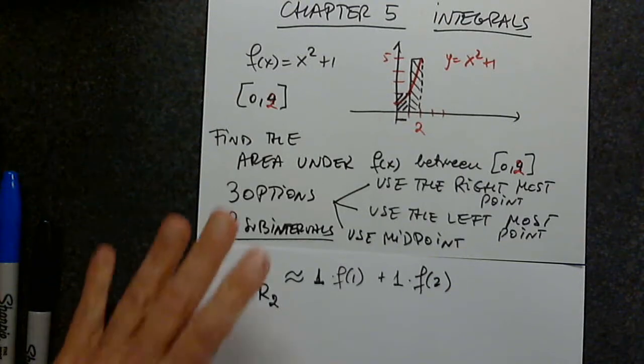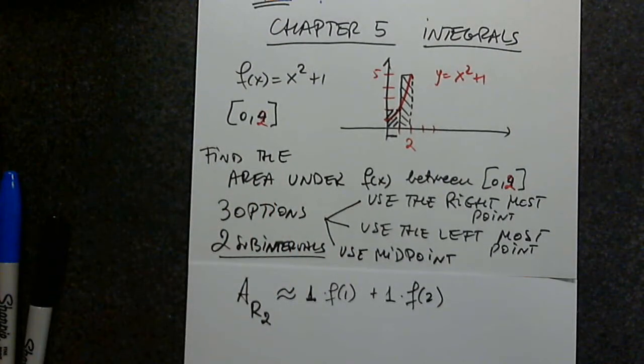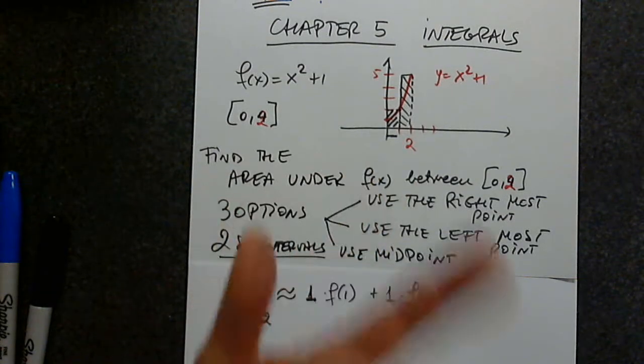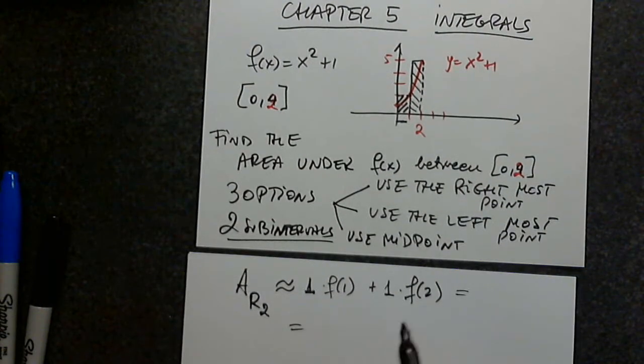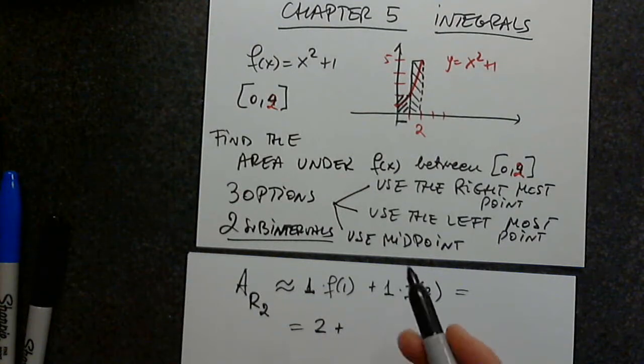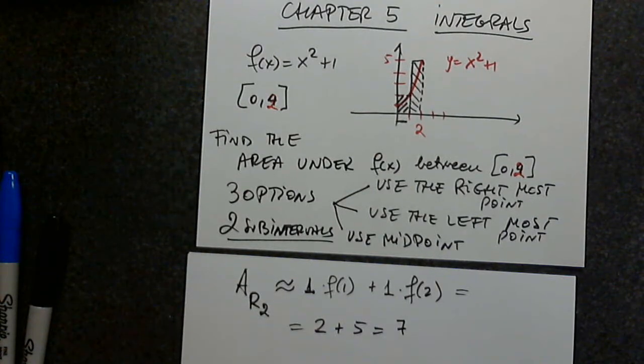So I approximated the area under the graph of x squared plus 1 using 2 rectangles, base times height. Would you agree? So then when x is 1, we get 2, plus f of 2, we get 5. So this is 7.